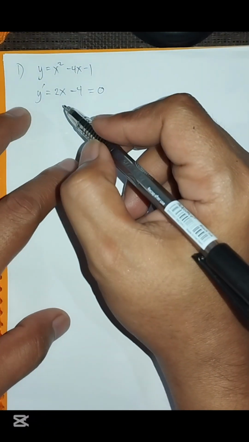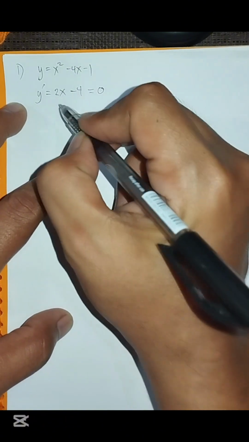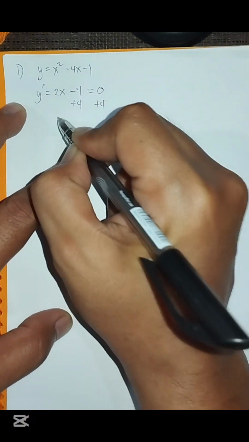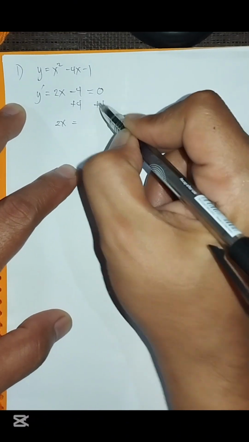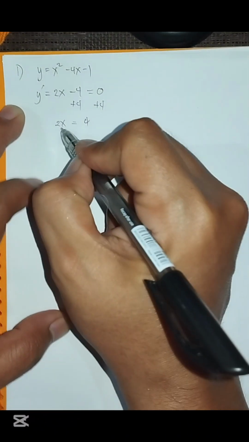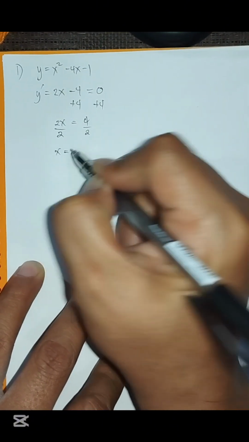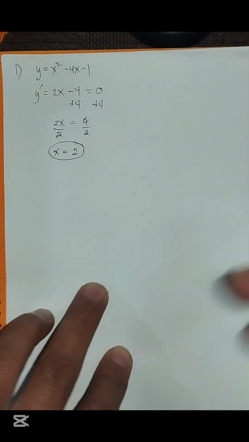We add 4 to both sides, so 2x is equal to 4. Then divide both sides by 2. Therefore, x is equal to 2. This is our critical number.